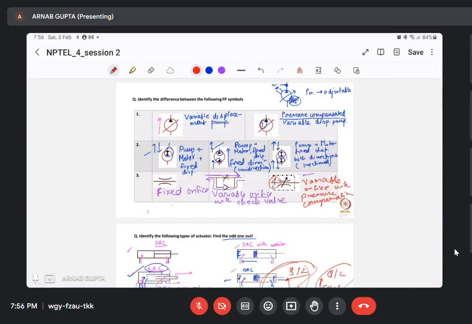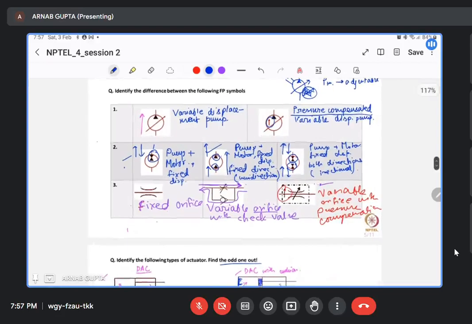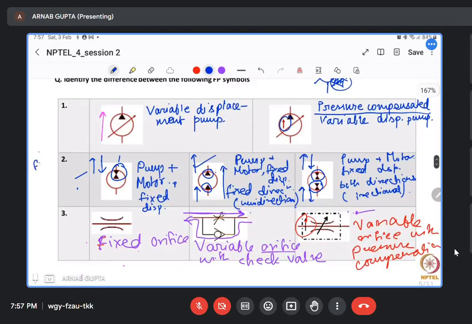Okay. This I think you understood. It acts like a fixed capacity. So if you try to write the full name, it will be somewhat like this. I just segregated it and told now. So it can be like a fixed capacity. If there was an arrow, it would have been variable capacity.